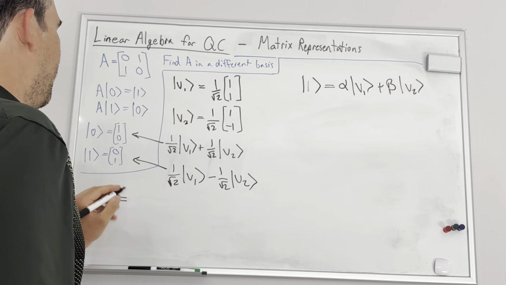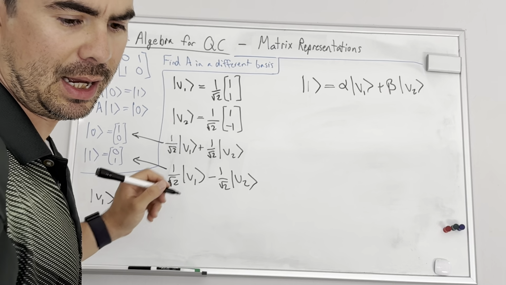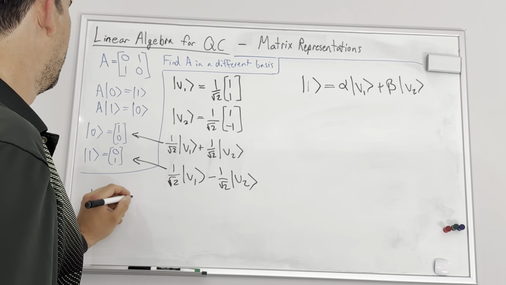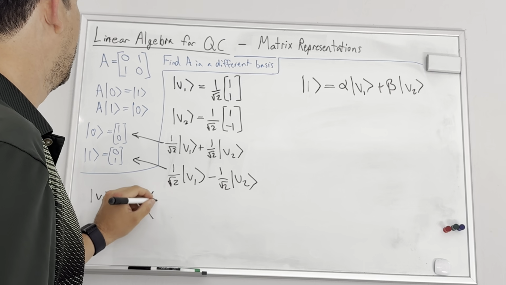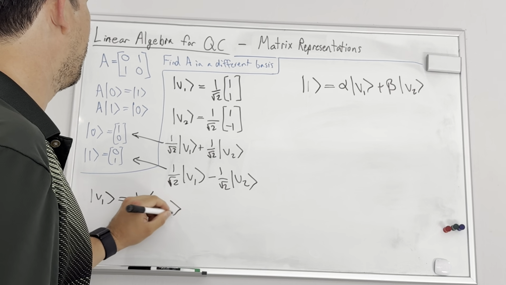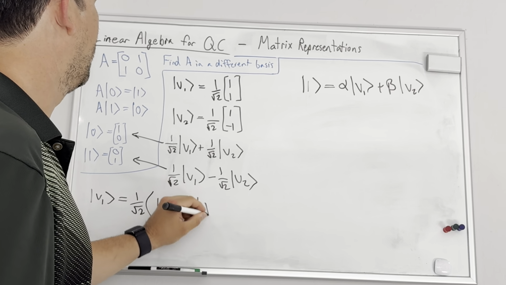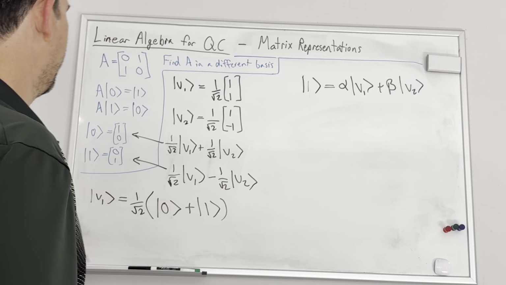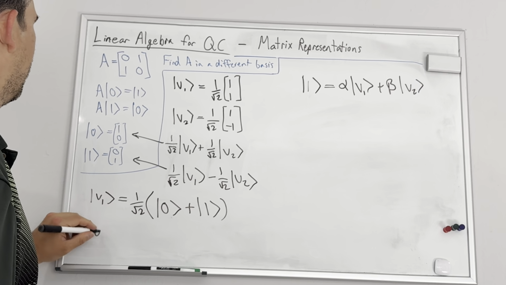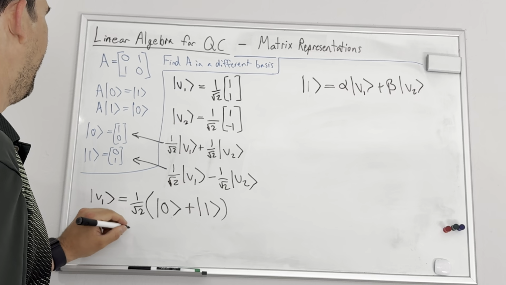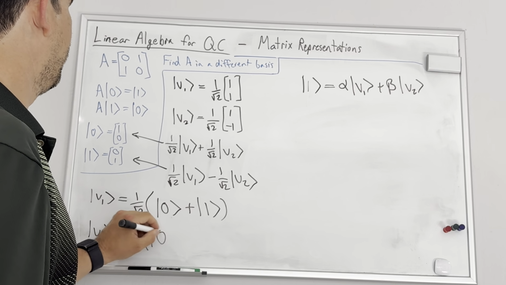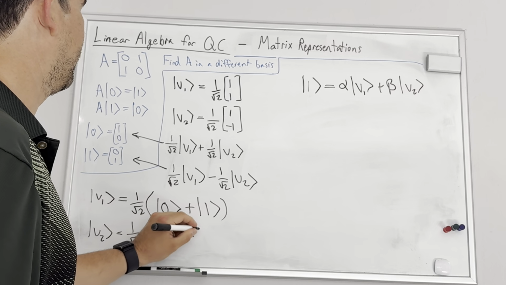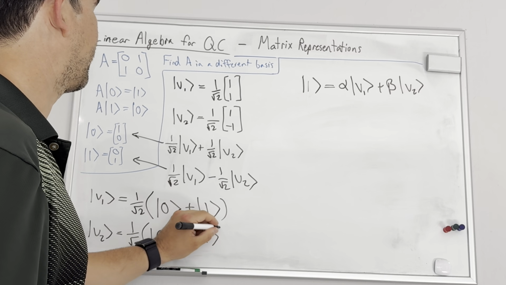So we can rewrite v1 as 1 over root 2, 0 plus 1. And we can rewrite v2 as 1 over root 2, 0 minus vector 1.